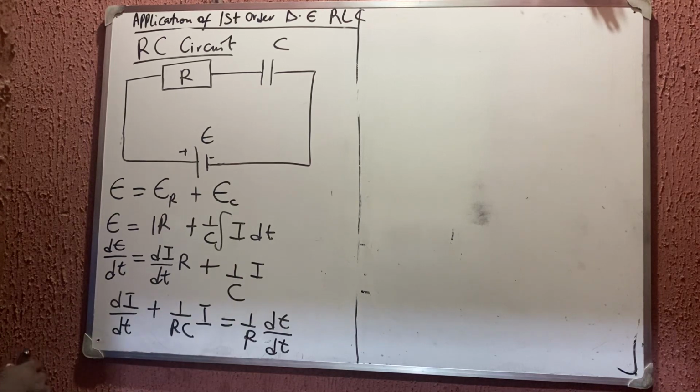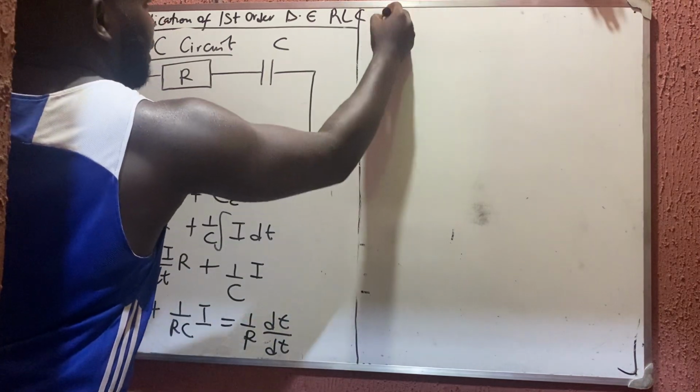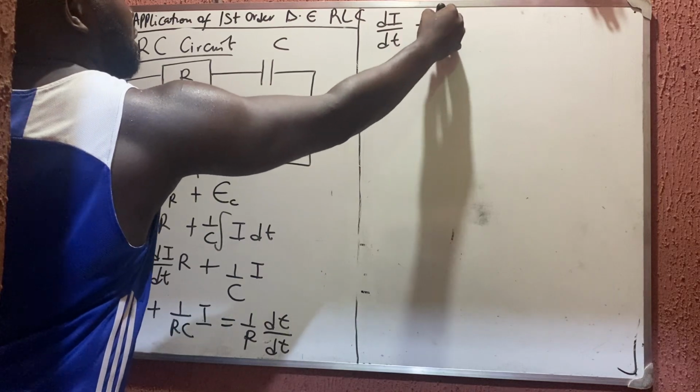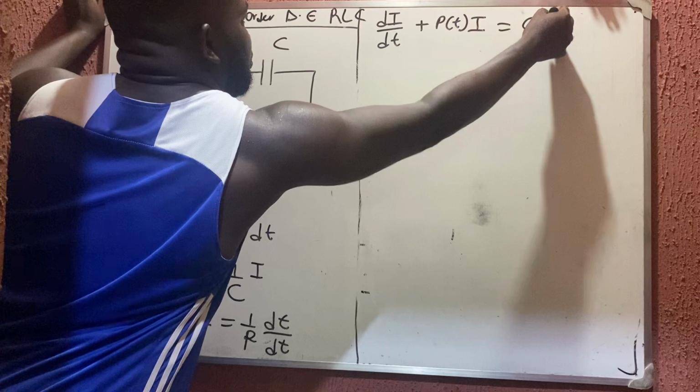Now, if you look at this, you see that this is equally a first order linear differential equation, where the same thing we did before. In first order linear differential equation, I have dI/dt plus P of t, the same I, is equal to Q of t.